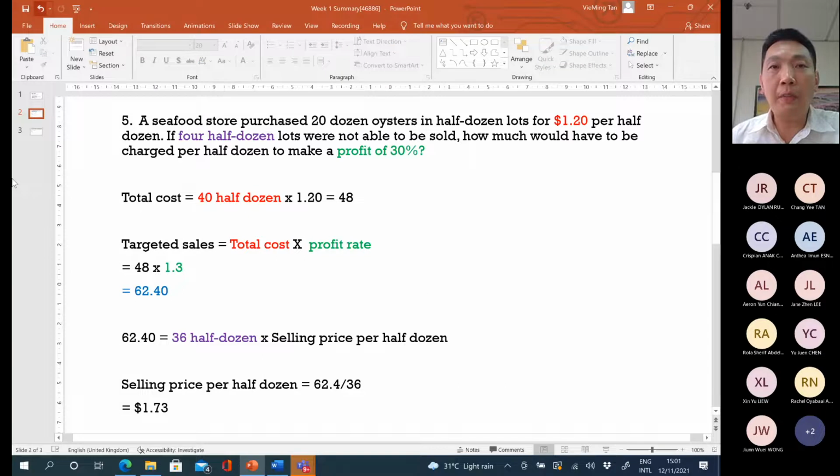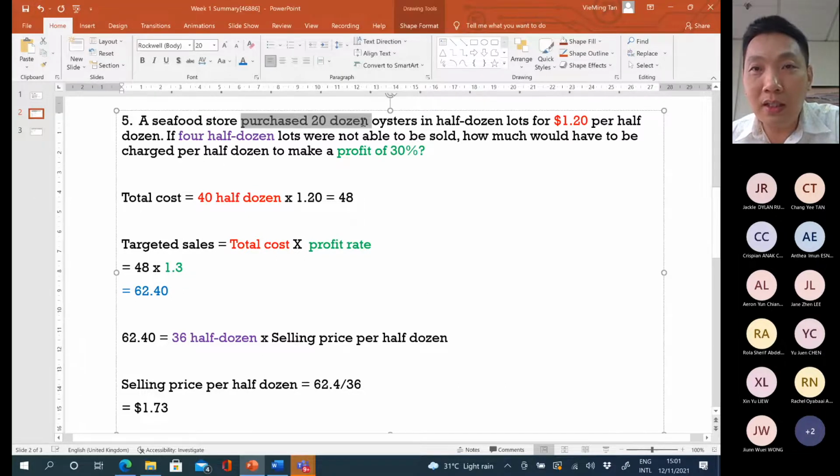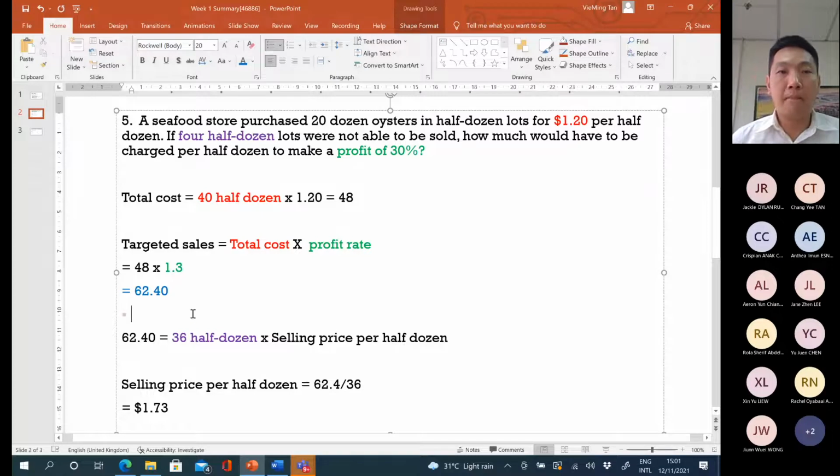So the tricky part is this one here. This unit and the cost you need to change to half dozen first. And another tricky part is among these 40 half dozen, 4 half dozen are not good, so only 36 half dozen can be sold out. This is the challenge for this question.